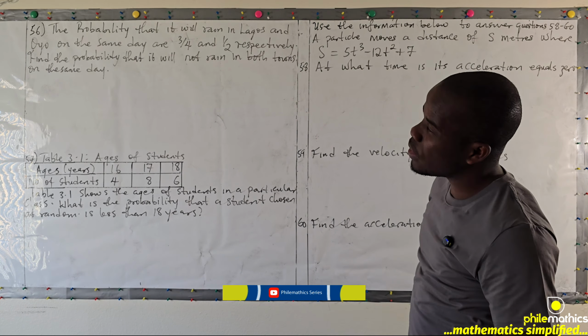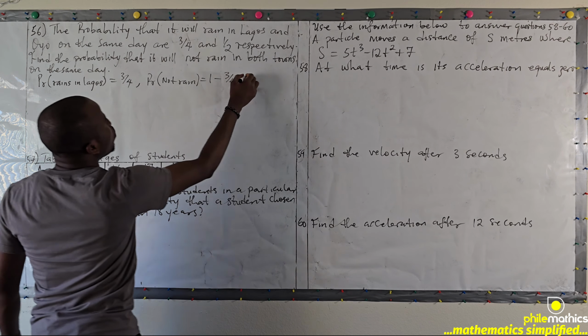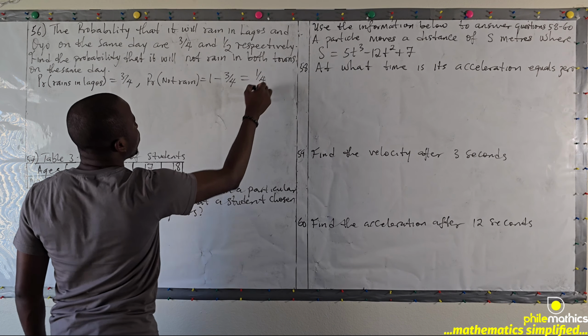So probability it rains in Lagos is 3 over 4 and probability it does not rain is 1 minus probability it rains, which is 1 over 4.